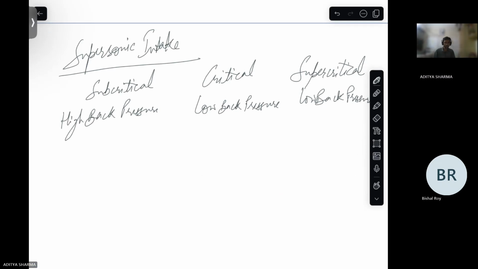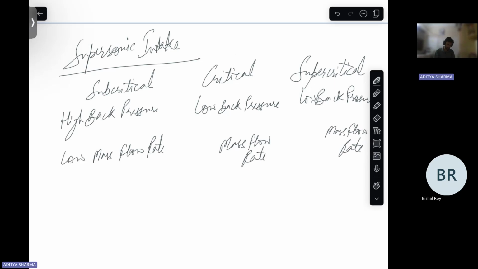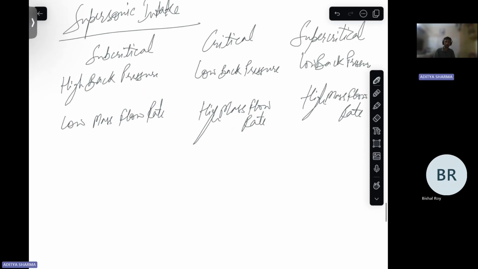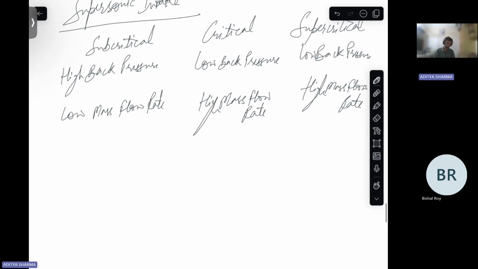Then mass flow rate, if you see, this will have low mass flow rate, this will have high mass flow rate, and this will have high mass flow rate. I have not drawn the scenario. Let me draw the scenario of where the shock is.